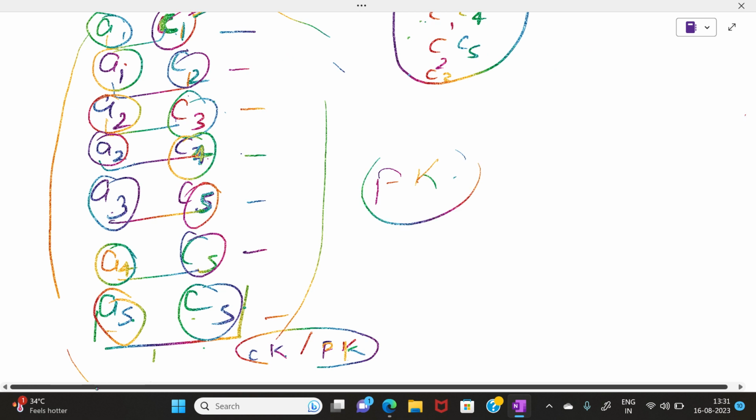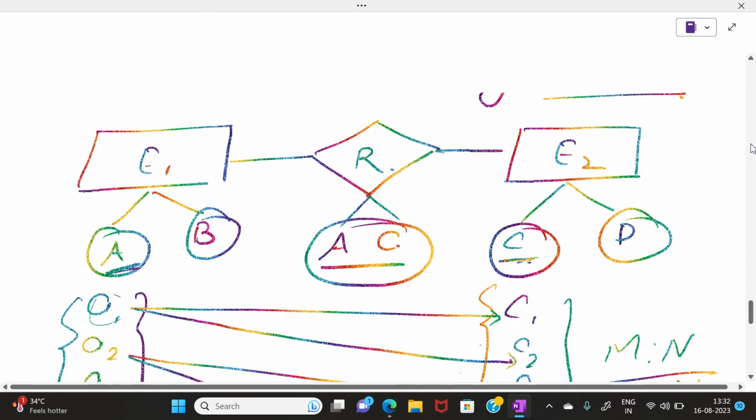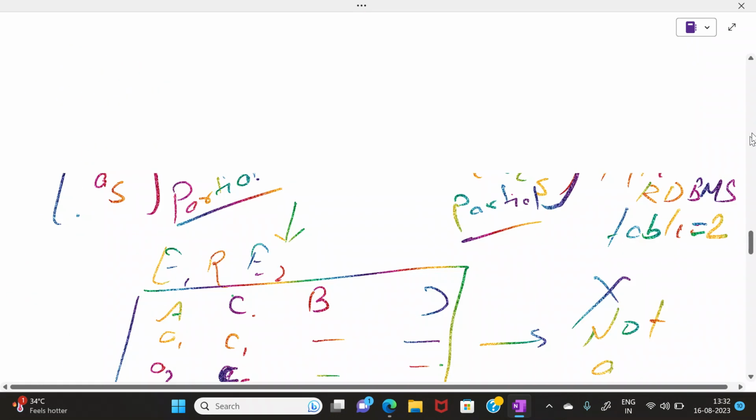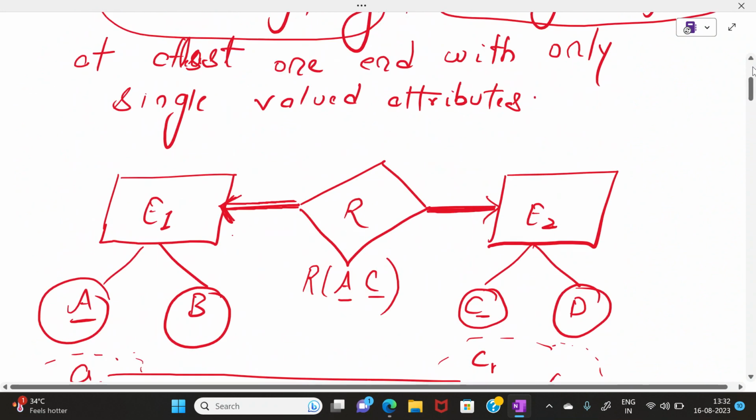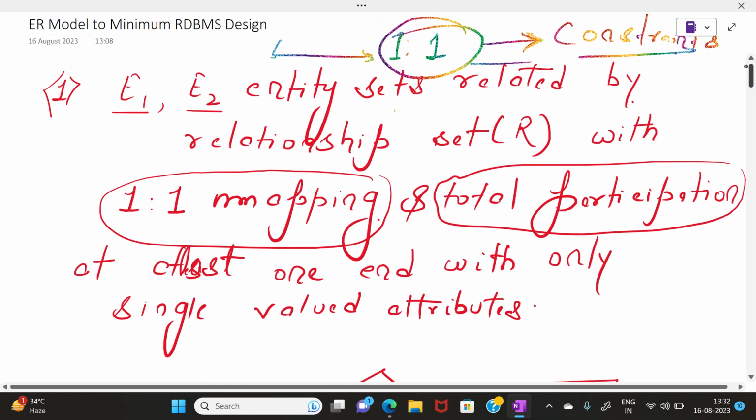So the foreign key could obviously be C. If C is our foreign key, C is definitely not the candidate key for this. So C will be referring to this particular candidate key C or the primary key C. So in this way we can convert the relationship set and entity set to a minimum RDBMS design, right? We'll see in the next few examples how we can proceed with the RDBMS design for the ER model provided.